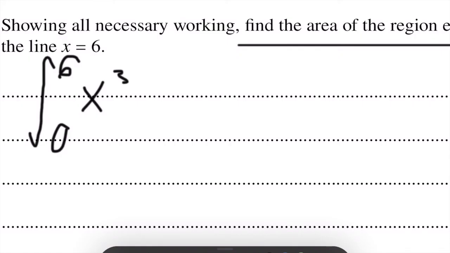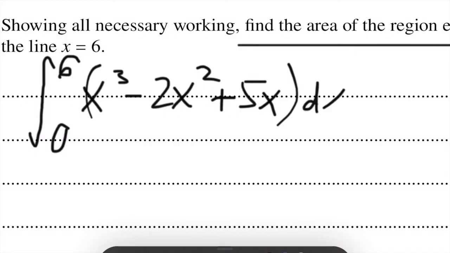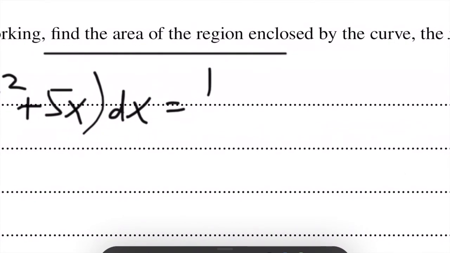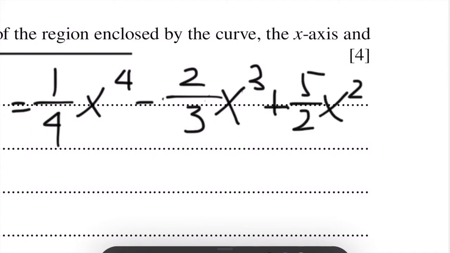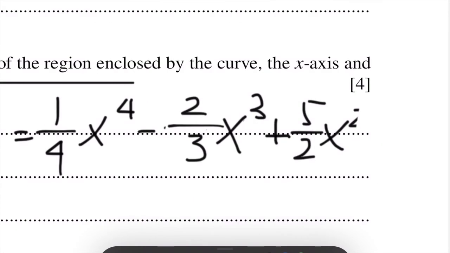Now write your equation as so, dx. This will give you 2/3 x to the power of 3 plus 5 over 2 x squared. Now go ahead and substitute 6 and 0 into this.